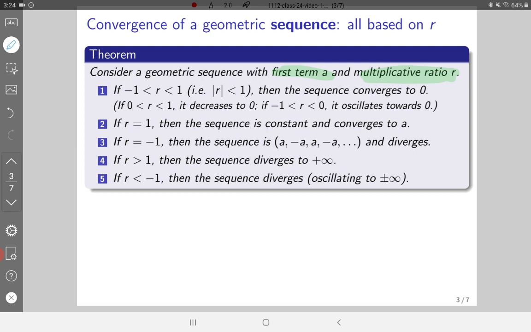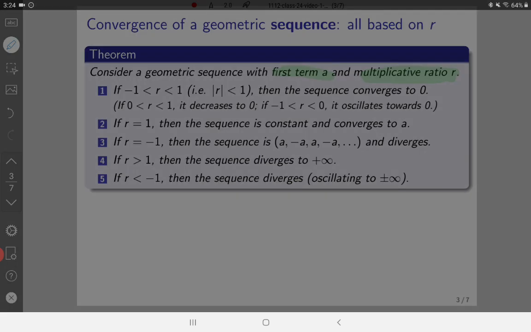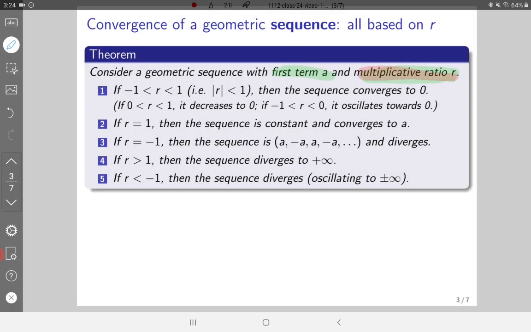And in fact, it doesn't even depend on a. I don't really need to know a. All I need to know is the ratio r. Because you can see I have if something, if something, if something, and then all the conclusions come out. But none of them really depend on a. You can see some a later, but that's going to tell me about what the sequence may or may not converge to. But whether or not it does converge is all based on r. And that's what I'm trying to get at in the title of the slide.